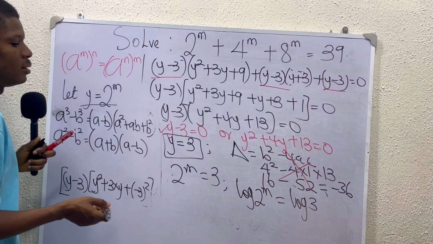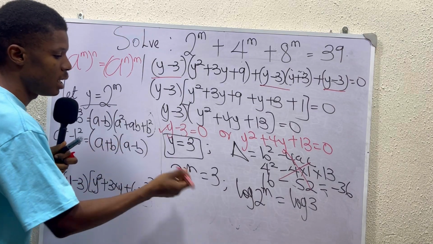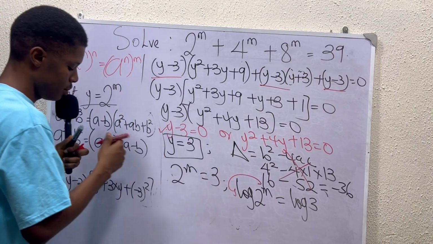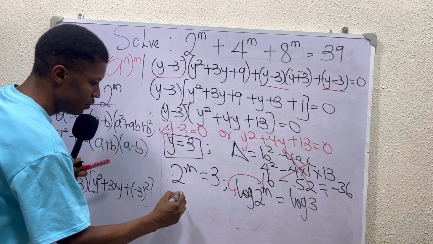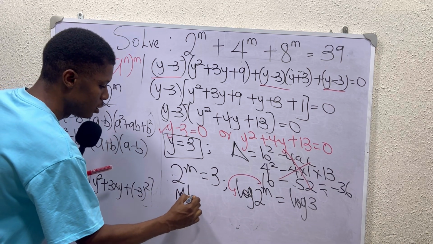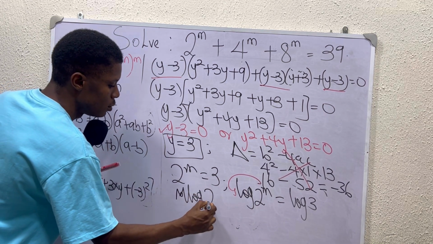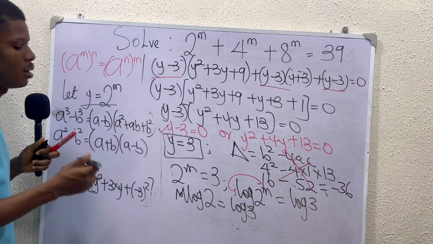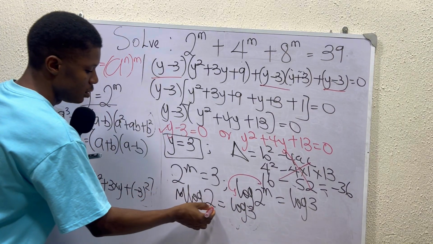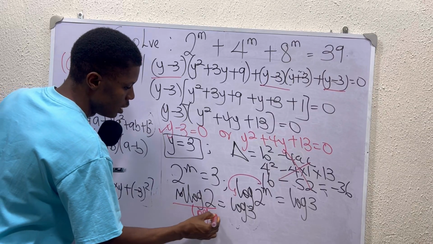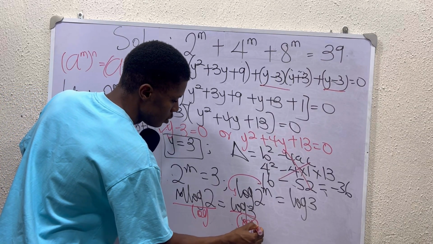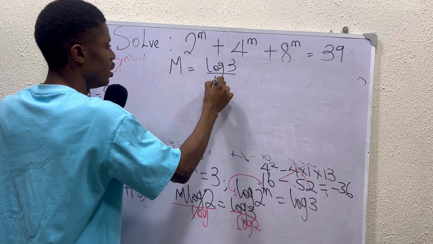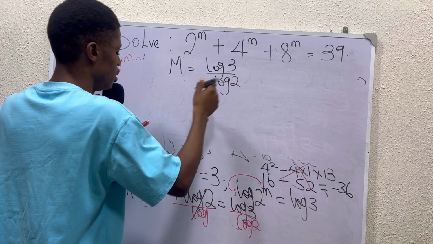Logarithm allows us to bring the power down as a multiplier. So you have m log 2 equals log 3. Then the next thing you do is divide by log 2 on both sides.